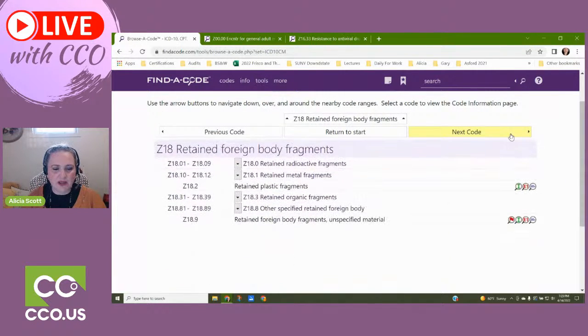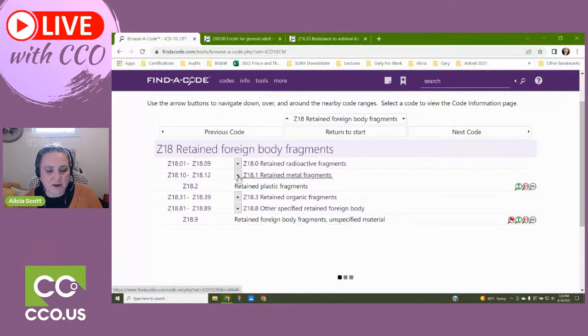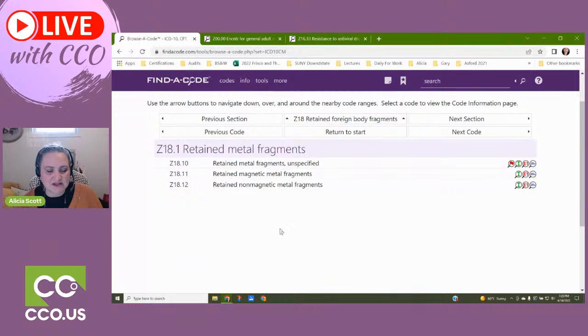Next, we're going into retained foreign body fragments. Well, radioactive fragments, would you even have thought of that? Metal fragments. Why would you have retained metal fragments? Or organic fragments, retained foreign bodies. Let's look at this metal fragment one because I think that's interesting. So unspecified magnetic and non-magnetic metal fragments retained.